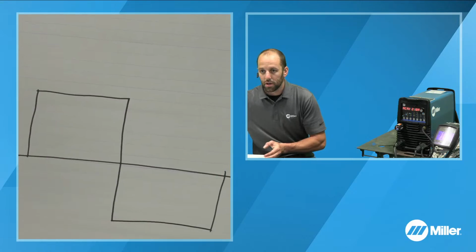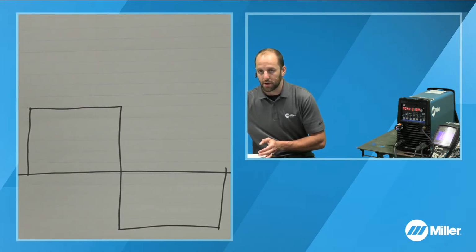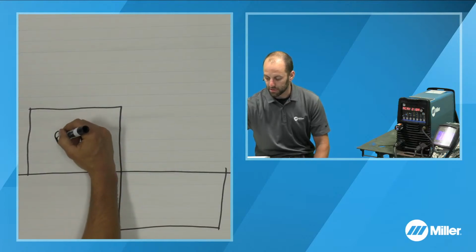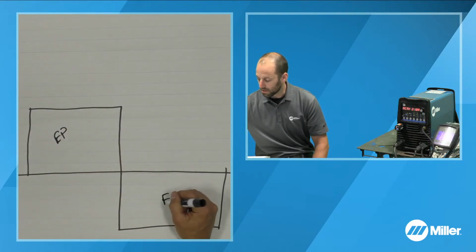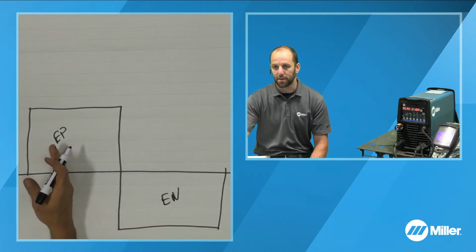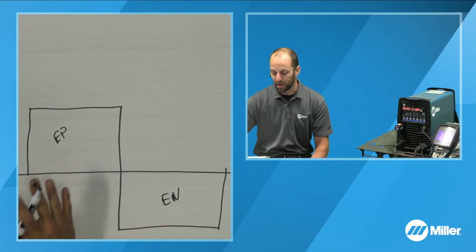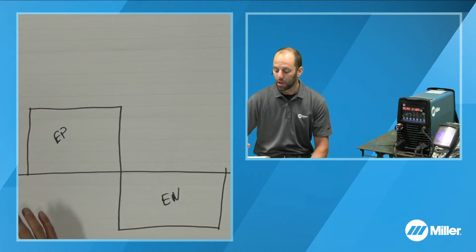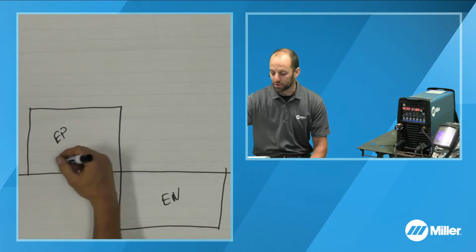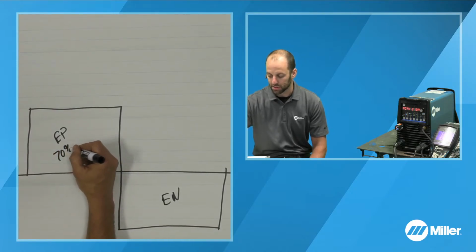And so for the viewers that are watching here, we have our electrode positive time and our electrode negative time, and I'm not drawing it skewed to 75% balance, but I think this helps represent it for people. The electrode positive, as we talked about, puts about 70% of the heat up on the tungsten.